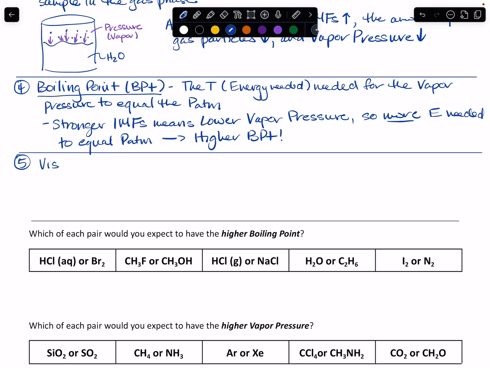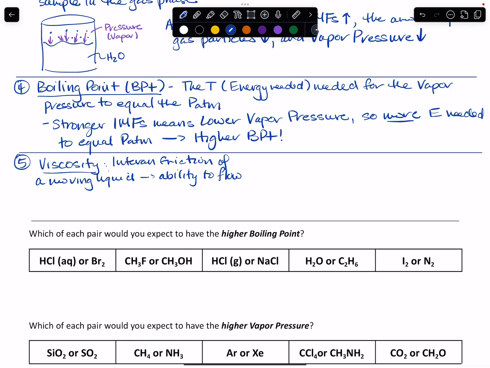The first, viscosity. Viscosity is basically the internal friction of a moving liquid. It's basically its ability to flow.